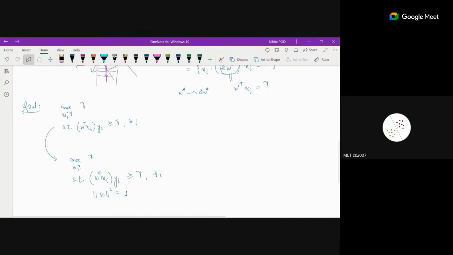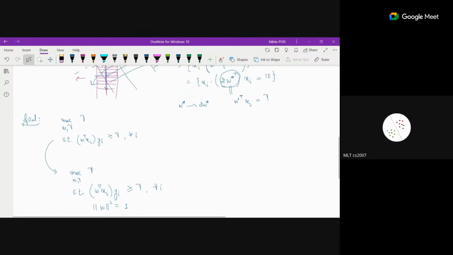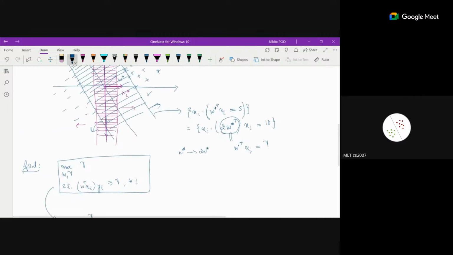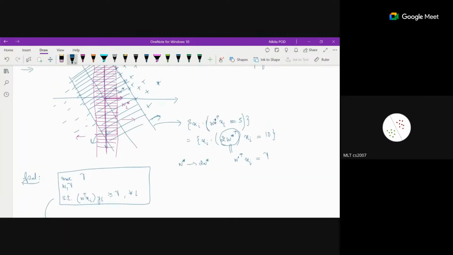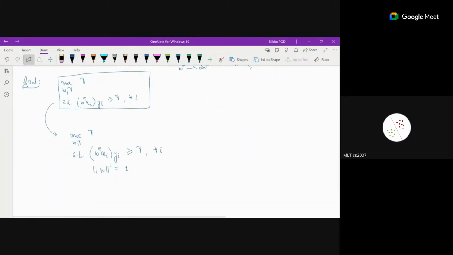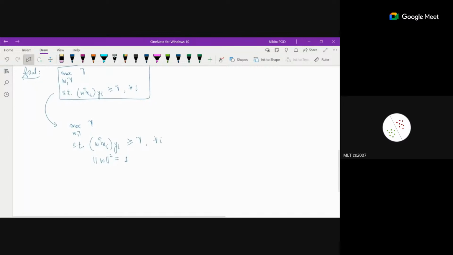In our previous case we were not restricting w, we were allowing any w possible. But if we restrict w, say the length of w star is equal to 1, then even if we scale it down, those lines cannot be equal. So this should work, if we fix the length of w to be equal to 1. This is the new formulation that we got.